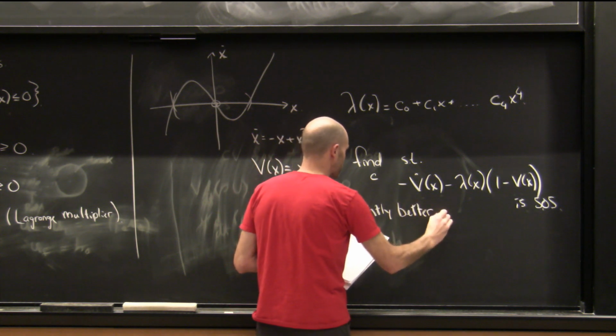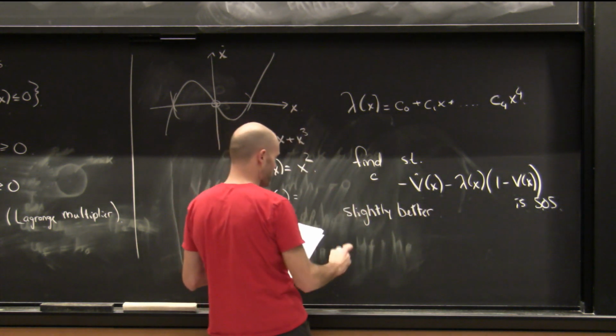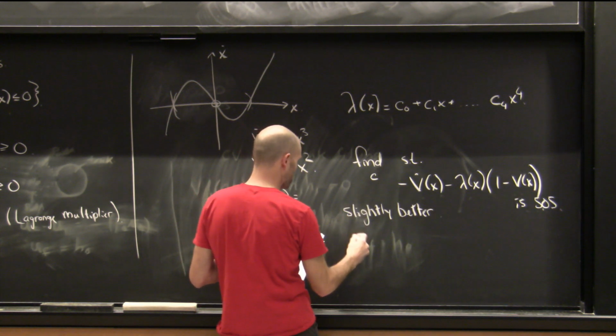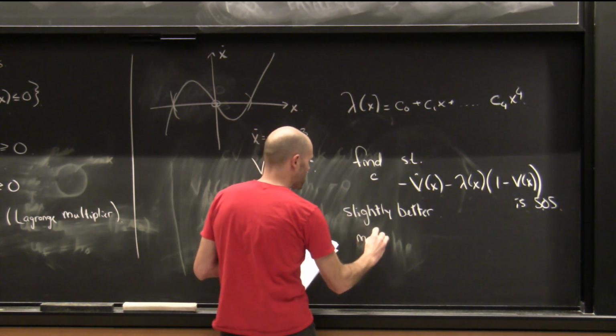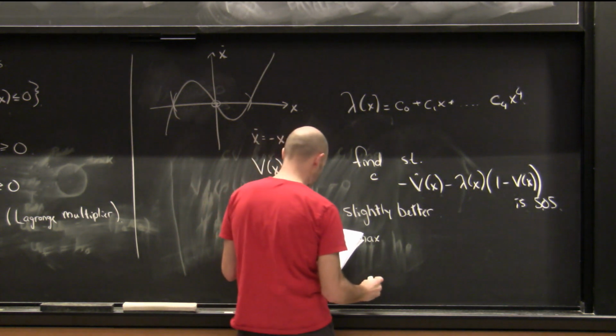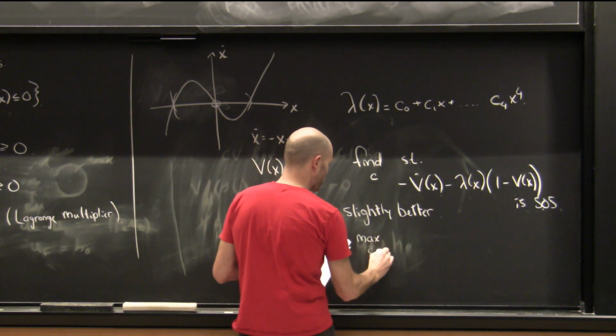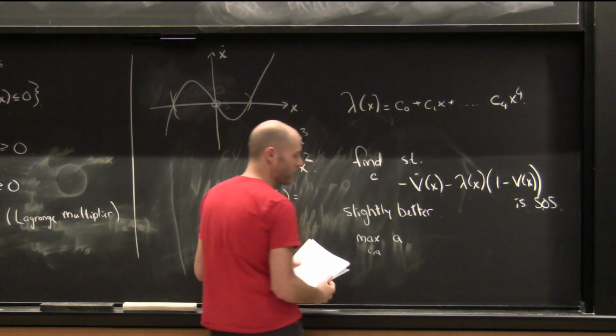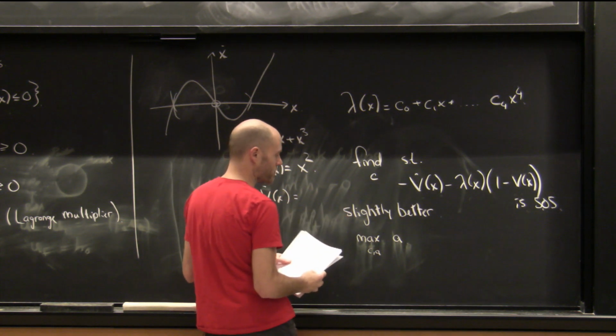And for these simple problems, it doesn't matter. But as you get to bigger problems, it will matter. Slightly better to say maximize over C, A. Put an objective on it. Just say maximize A. That could be a scalar.